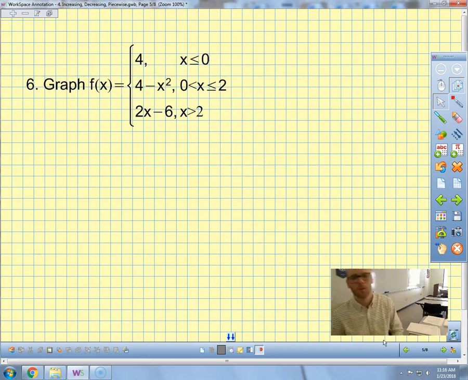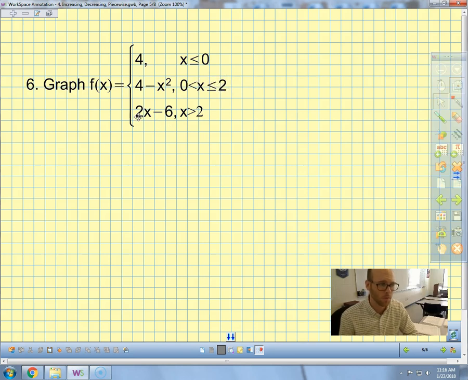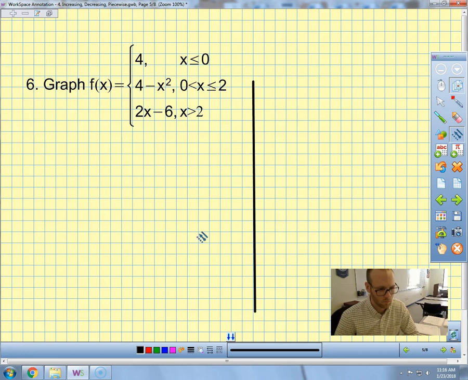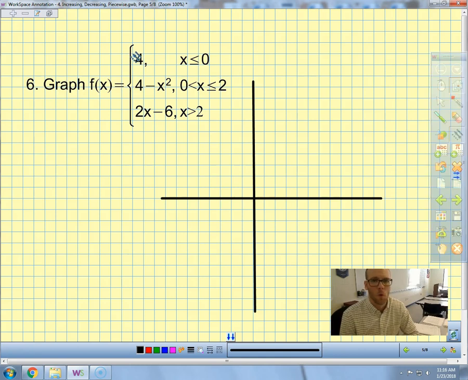All right, graphing 3 pieces to this piecewise function. 4 when x is less than or equal to 0. 4 minus x squared from 0 to 2, including 2. And 2x minus 6 for x's that are greater than 2. All right, f of x equals 4.